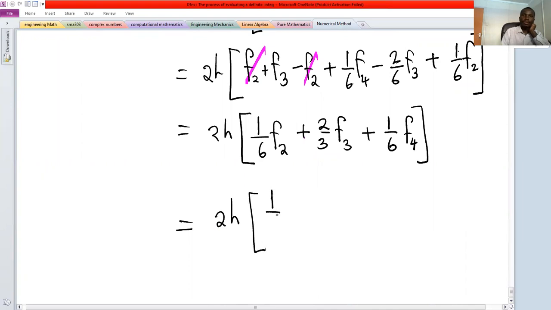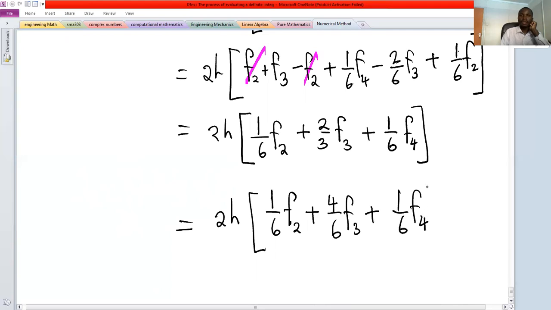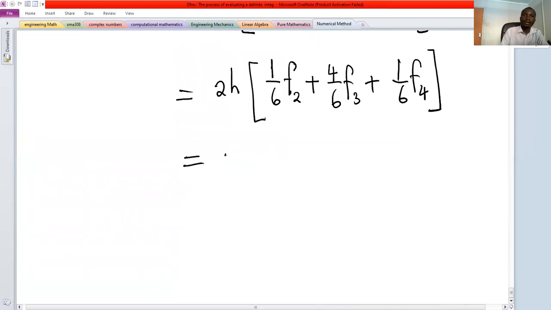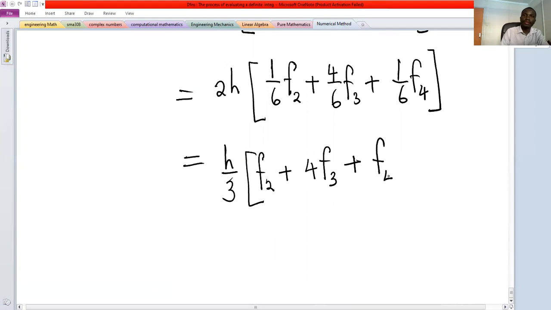I can write this as 1 over 6 f2. So if I want the denominator to be 6, then I multiply both numerator and denominator by 2. So I'll have 4 over 6 f3 plus 1 over 6 f4. And then I factor out a 6, which will give me h over 3 into f2 plus 4 f3 plus f4. So this is I2.